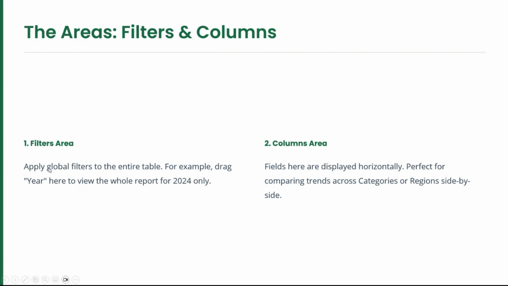Cool. So the filter area. This is where you apply global filters to the entire table. For example, you can drag year onto the filter to view the whole report by 2024 only.